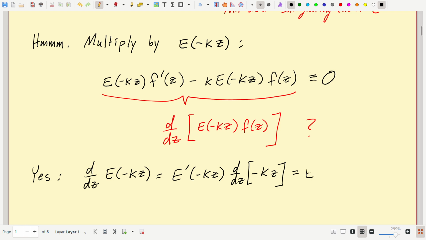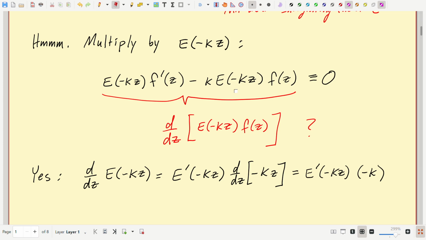So that's e to the minus kz, and then here times minus k. And that's exactly what we have in the product rule for differentiation. First I differentiate f in the first piece there, and then I differentiate the e to the minus kz in the second place. And I get the minus k, this thing right here, times f. And so sure enough, that's the product rule.